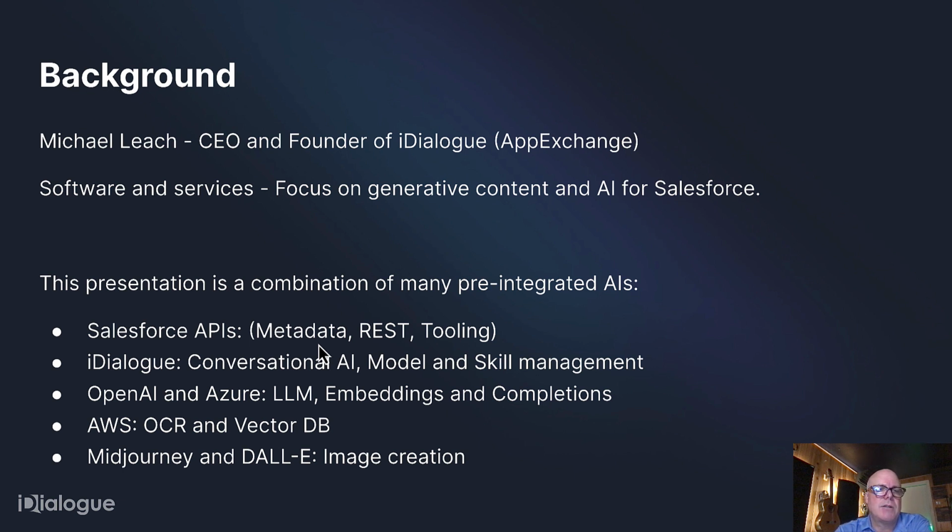So in this presentation, you're actually going to see a combination of many pre-integrated APIs and AIs. Obviously, the Salesforce APIs, conversational AIs provided by iDialogue, OpenAI and Azure for the large language model embeddings and completions, Amazon Web Services for our optical character recognition and vector database, and for image generation, Midjourney and DALL-E.